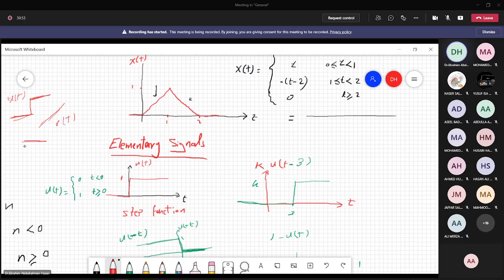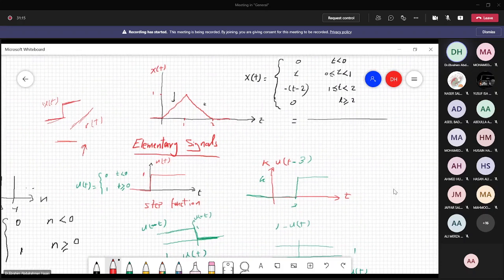A third possibility is that we have an impulse. So since it is piecewise linear, there are three possibilities: it could be step, ramp, or impulse, and there is nothing else.